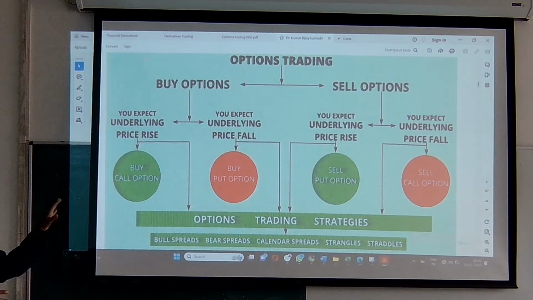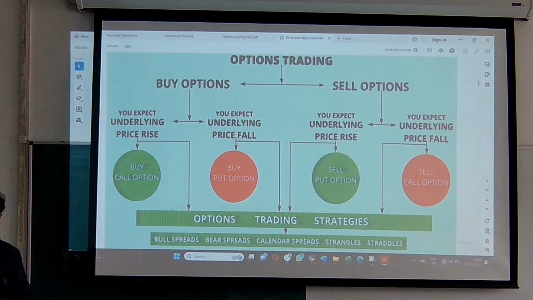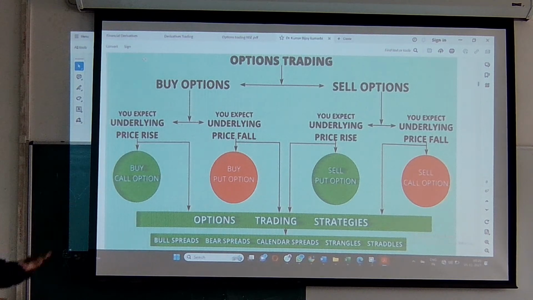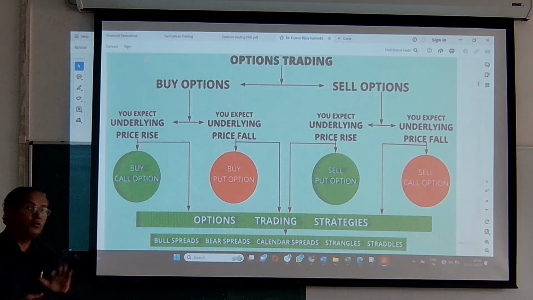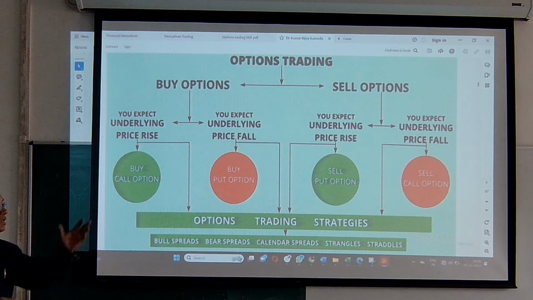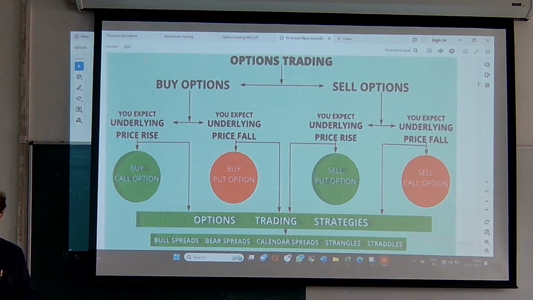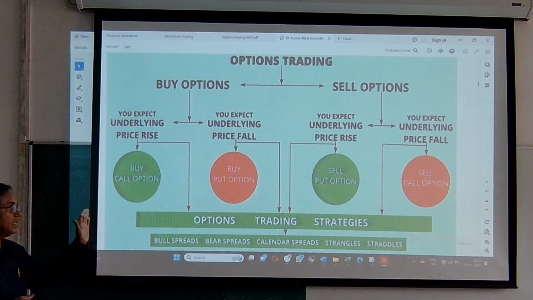So there are four different simple strategies: it could be long call, that is buy a call option. It could be long put, buy a put option. It could be sell put option, that is your short put, and it could be sell call option, that is short call. So these are the strategies.